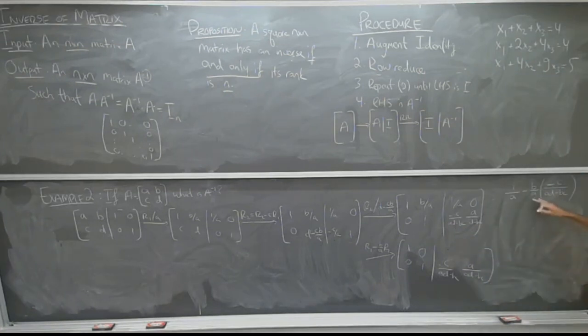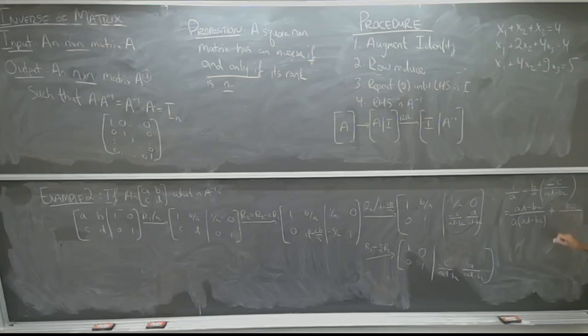Okay, so let's multiply this. We'll common denominatorize it, so we'll multiply by AD minus BC over here. So this is AD minus BC over A times AD minus BC. That's this term. We're subtracting from that B times negative C, which is minus BC.